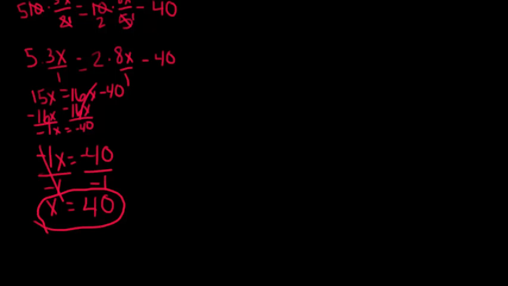Again, we want to take the value that we found for x and plug it back into the original equation to make sure that we got the answer correct. So the original equation, 3x over 2 is equal to 8x over 5 minus 4. Anywhere there is an x, we'll plug in the value that we found.